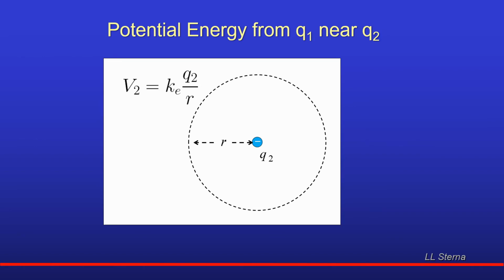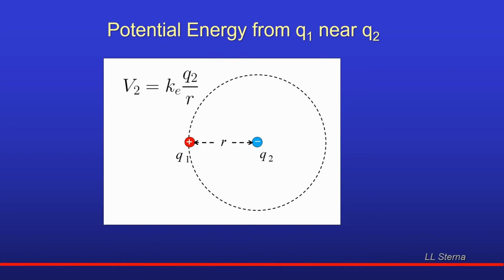Now let's look at it from the opposite perspective. Suppose we start with charge Q2. At a distance r from Q2, we will have a potential V2 equal to K sub E Q2 over R. Now suppose we bring a charge Q1 to a distance r from the first charge.